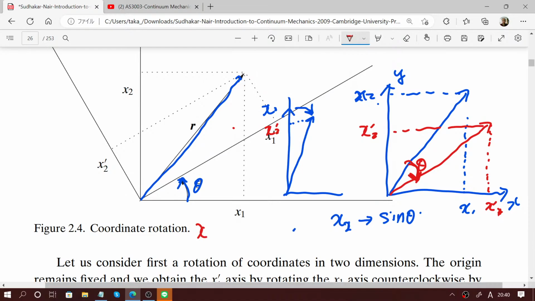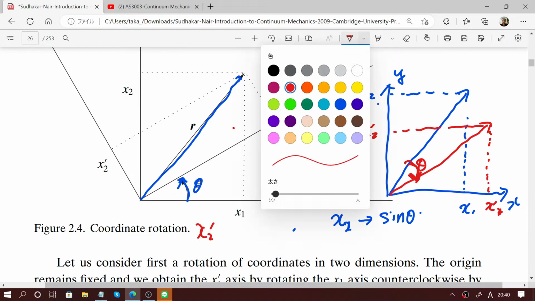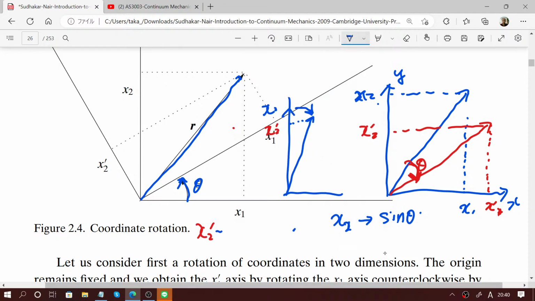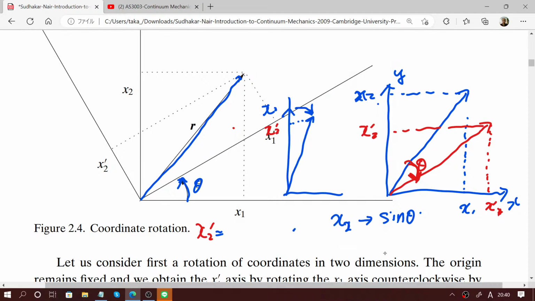So x2 prime equals cosine theta x2, right?